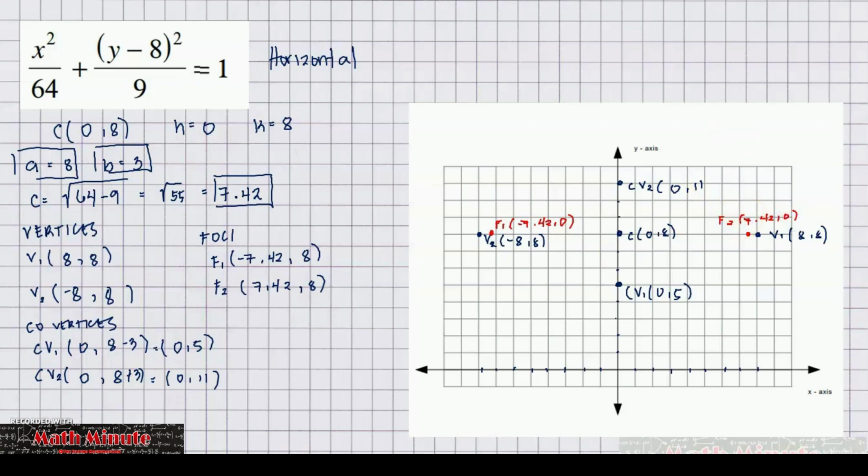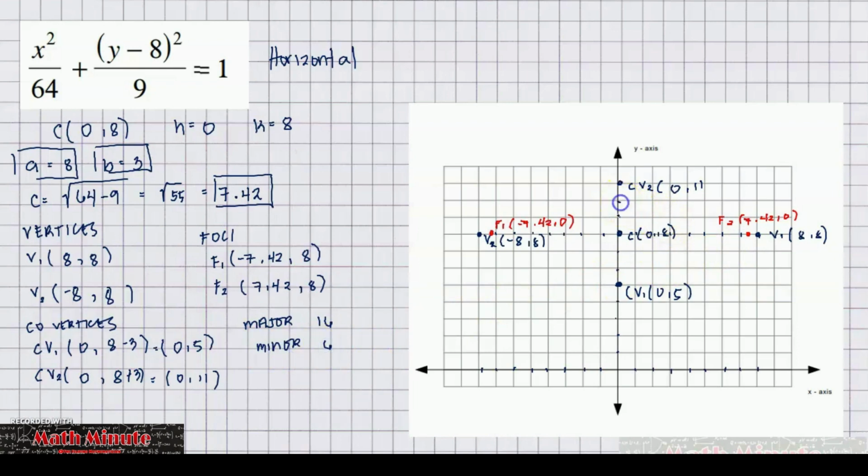Okay, there you go. Then for your major axis, that would be twice of A. So that would be equal to 16. So we check if it's correct. So 1, 2, 3, 4, 5, 6, 7, 8, 9, 10, 11, 12, 13, 14, 15, 16. So that's correct. Okay, next would be your minor axis. It should be 6 units.